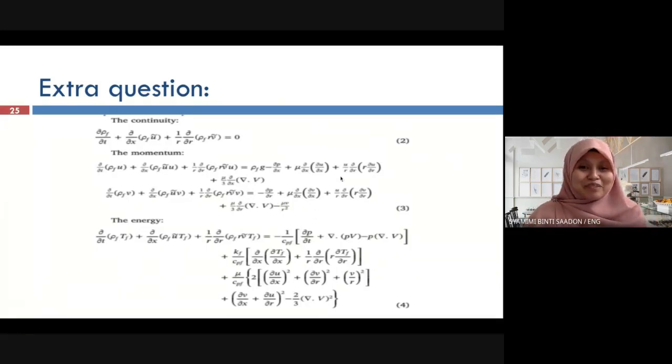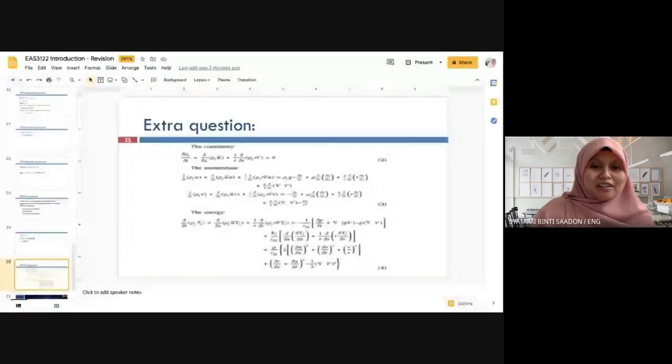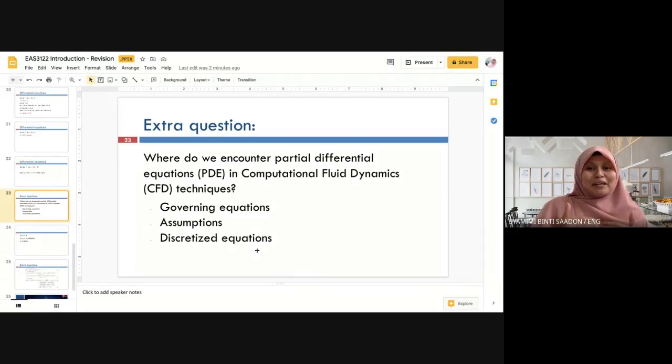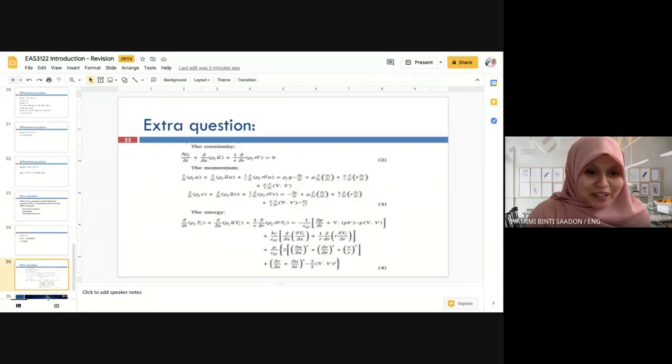So what we are learning now in numerical analysis is to understand how those mathematical governing equations are solved later on using CFD or FEA. I just want to explain a bit the relation between what we are doing now and your future, one, two, three years from now. Okay, I think that's all for today.